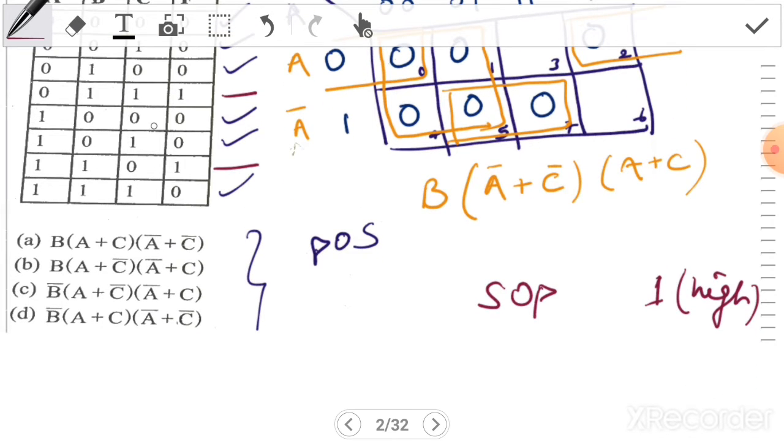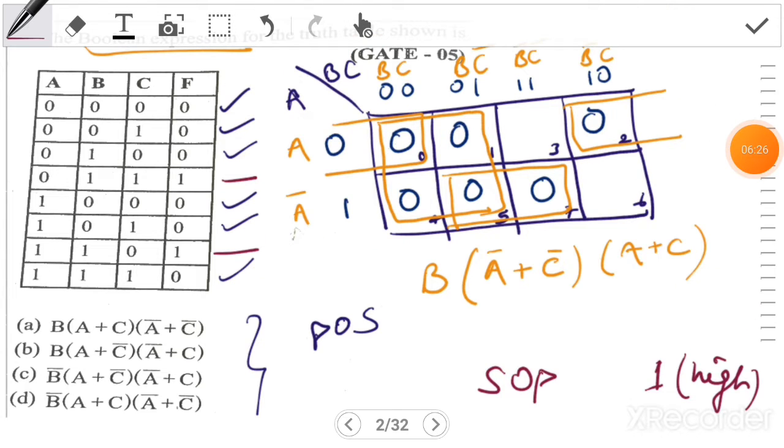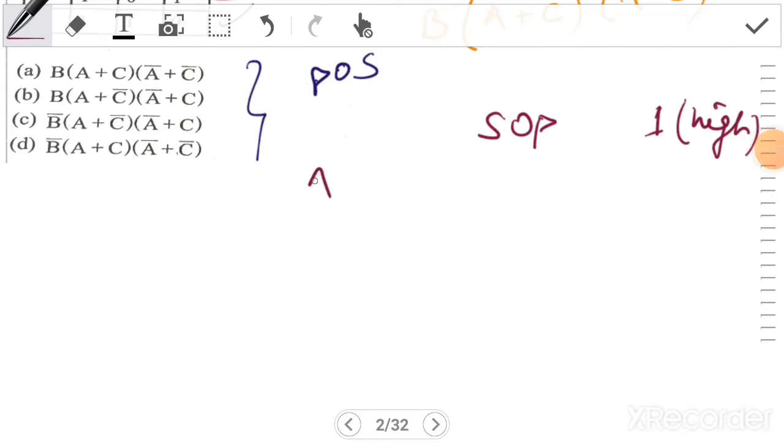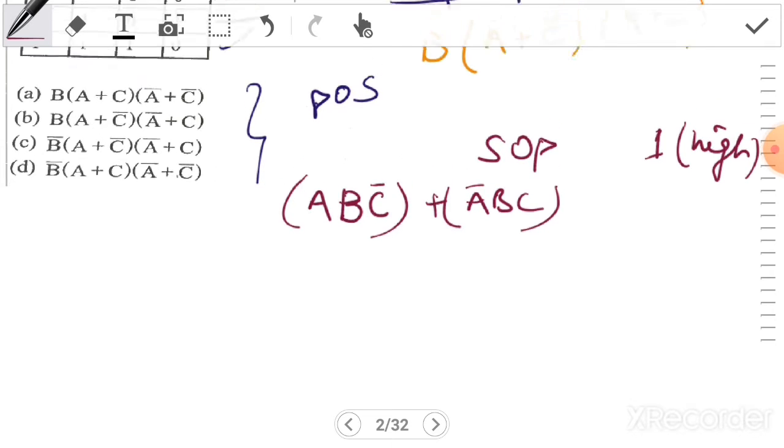So we'll have A complement B C plus A B C complement. A B C complement plus A complement B C. Yes.